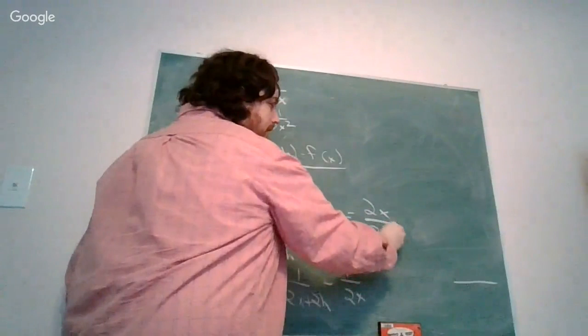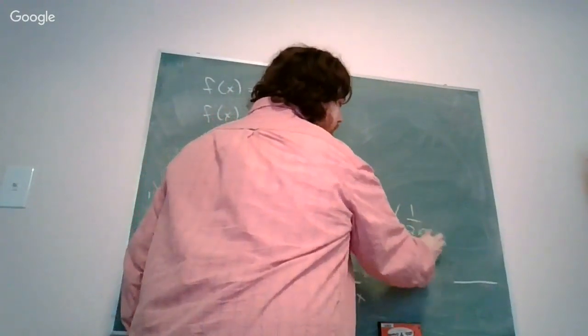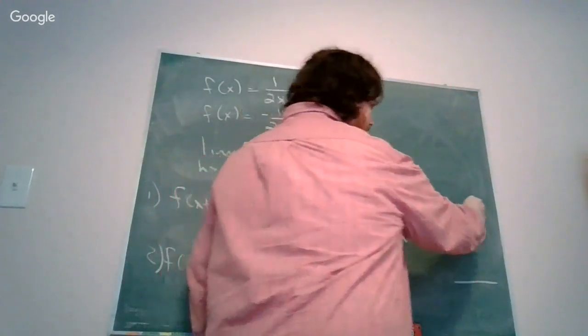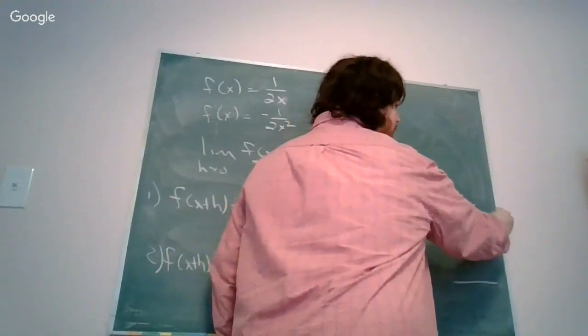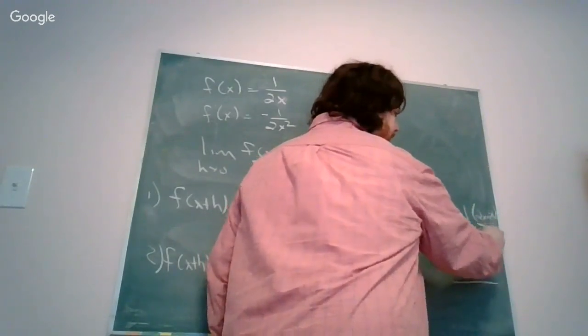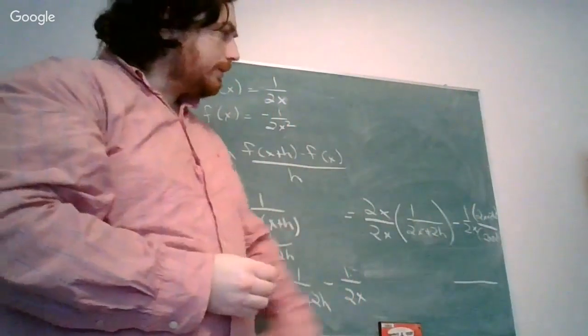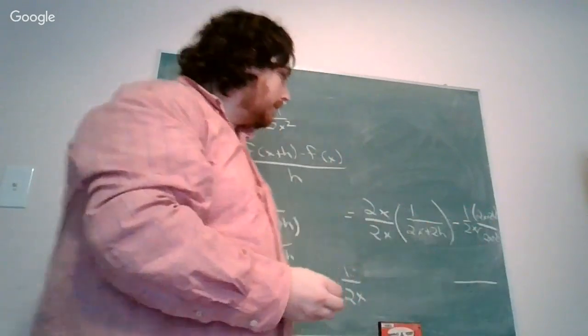2x over 2x times 1 over 2x plus 2h minus 1 over 2x times 2x plus 2h, all over 2x plus 2h. I know I ran out of room there, so this is a 2x plus 2h, 2x plus 2h.